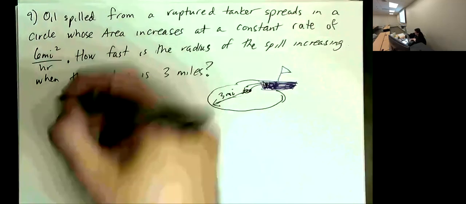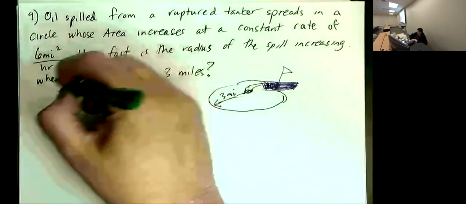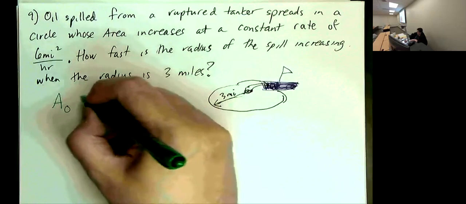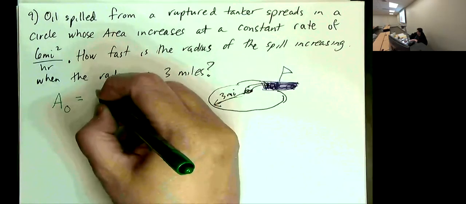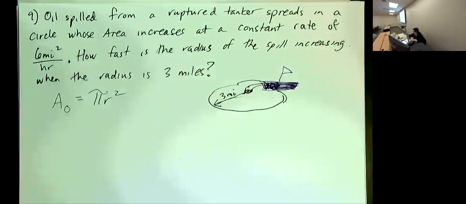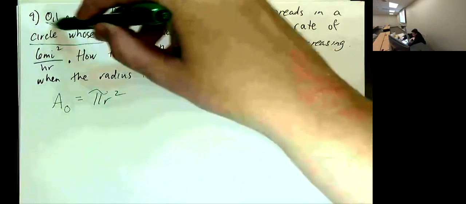The area of a circle is pi r squared. Thank you, Dalton. So that gives us that information. Oil in a circle.